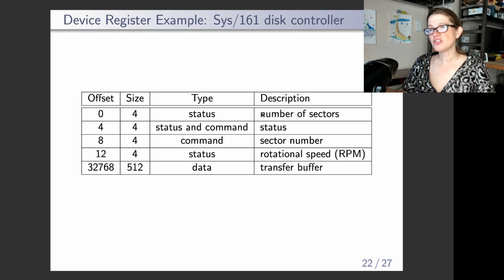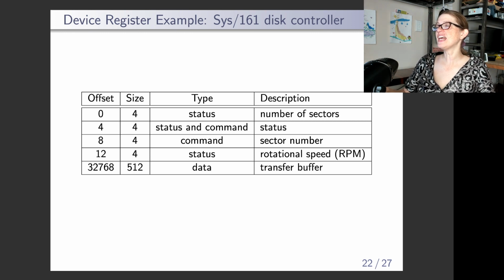That is a status register, and the status register is telling us exactly how many sectors the disk has. And that can be used in the computation of, is this a valid sector that you're asking me to write to, or is it total garbage? So that's a very important one there.